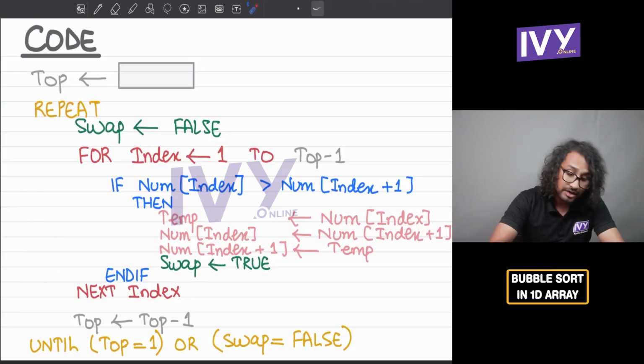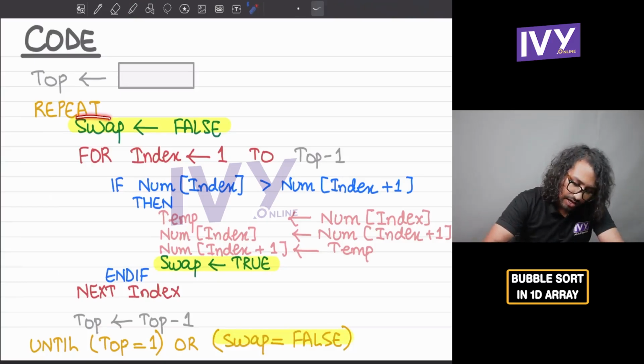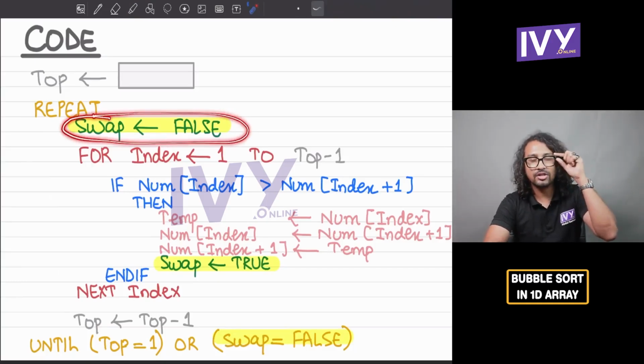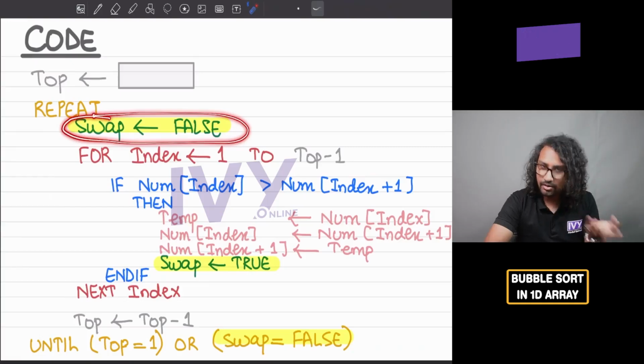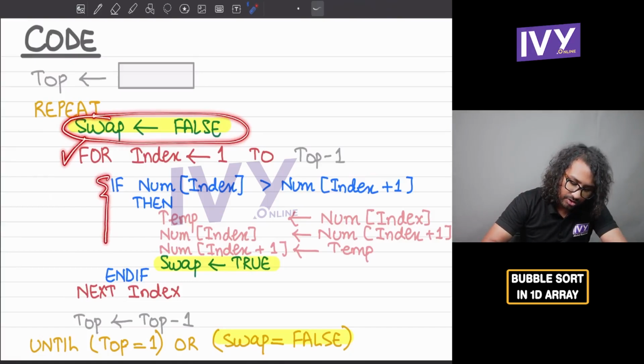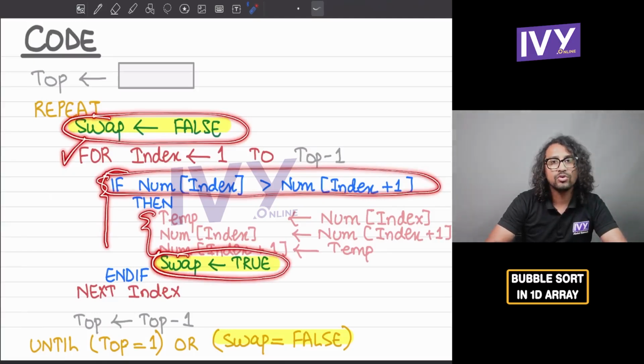Now let's understand the game of the swap variable. Swap is written here, here, and here. If swap is equal to false at first, this means at the start there was no swapping, right? Then you started off with the for loop. If this condition was true, what was happening? We swapped the two elements, and we set swap to true.